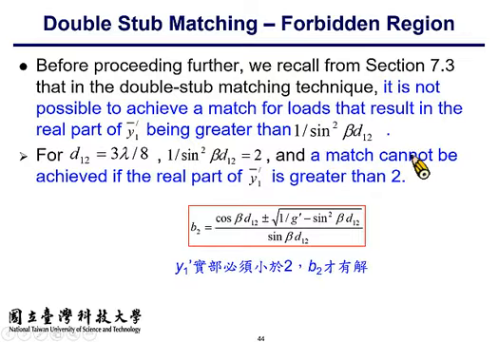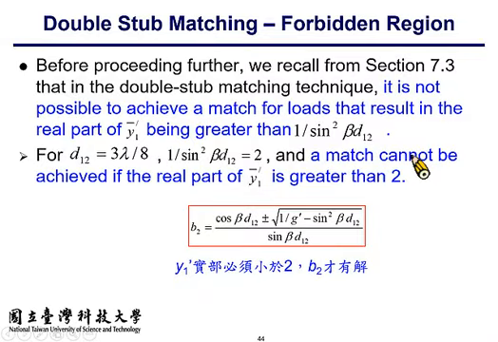Why? Because this is the equation that we have from chapter 7.3. It tells you the B2 value, the susceptance of the second stop, corresponding to this value.